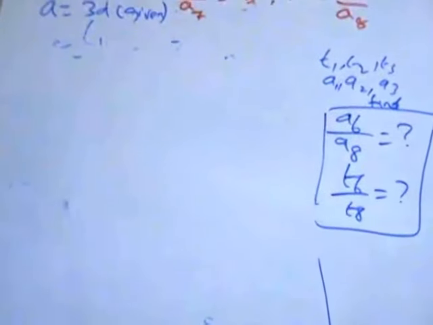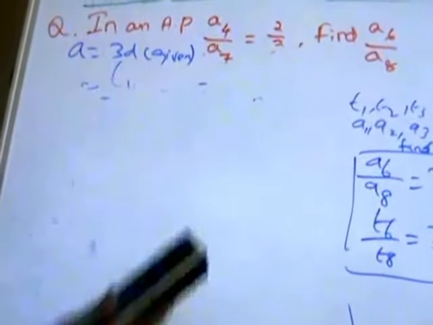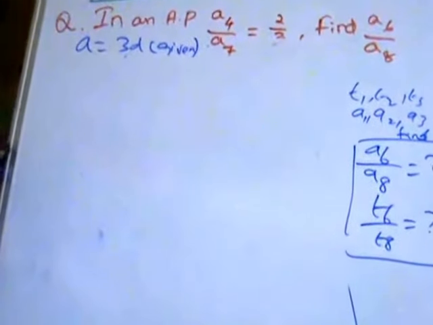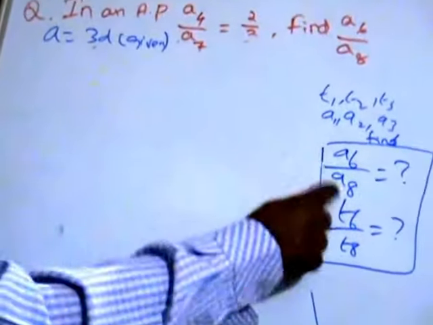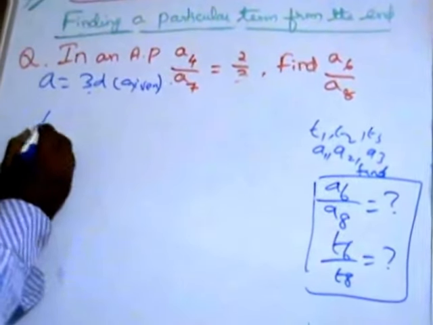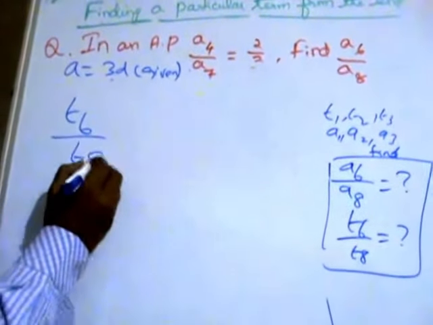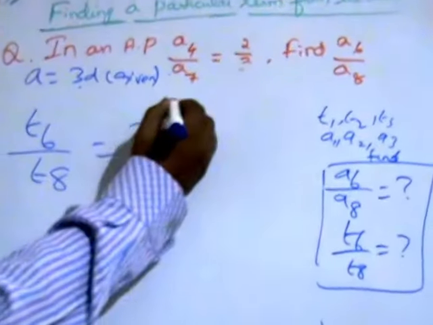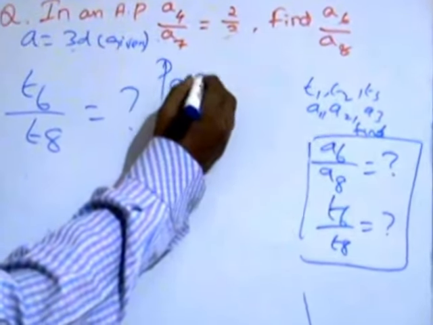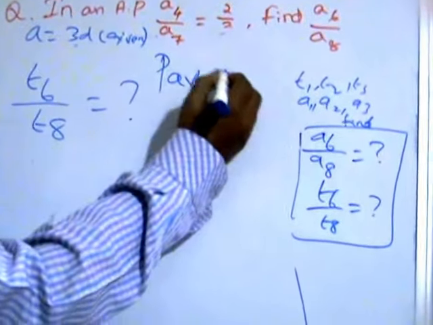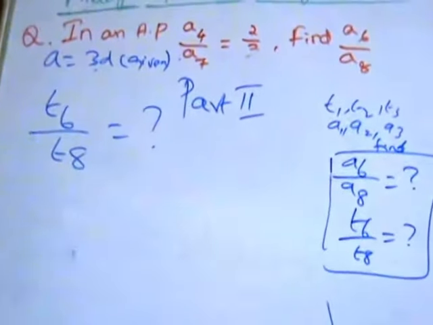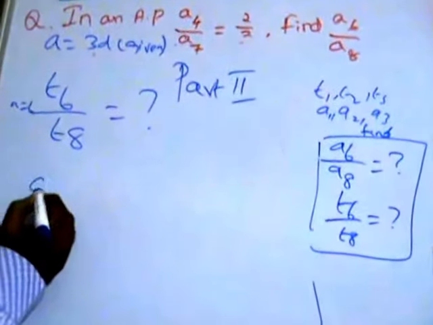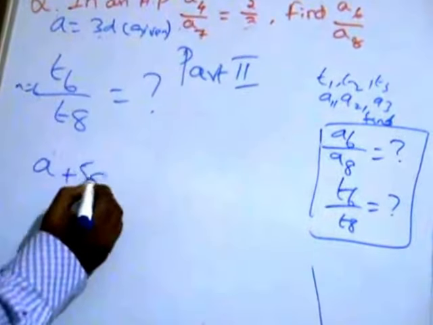Now we have to find the value of T6 by T8. So look here, A6 by A8 is nothing but T6 by T8 equal to question mark. This we have to find out. You can call it part 1 or part 2. The first one you can call part 1, which I didn't write, and you can write this as part 2. T6: n is 6, straight away you can write A plus 5d.